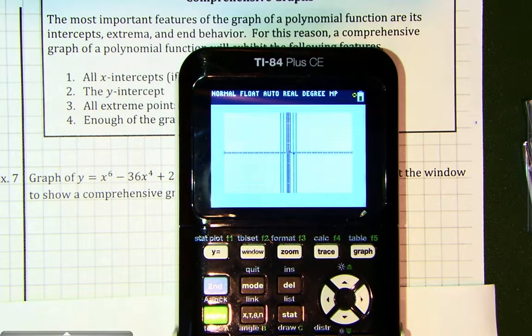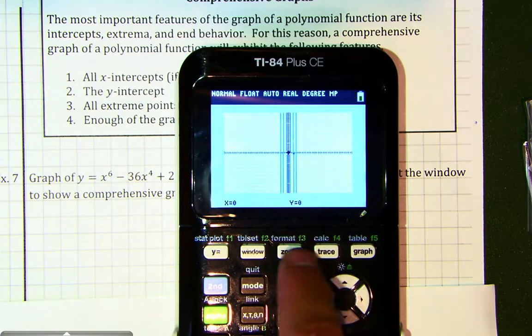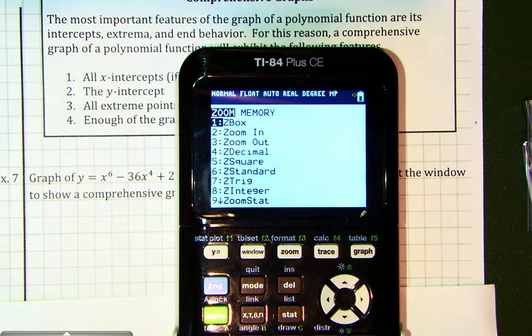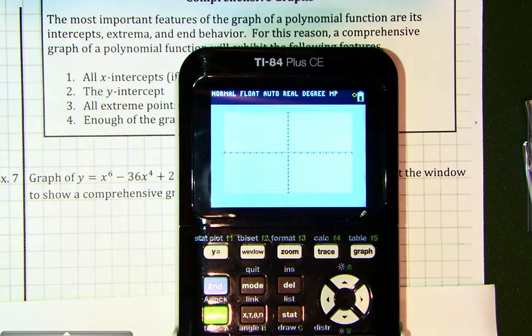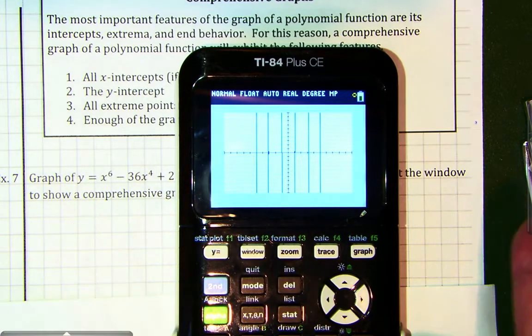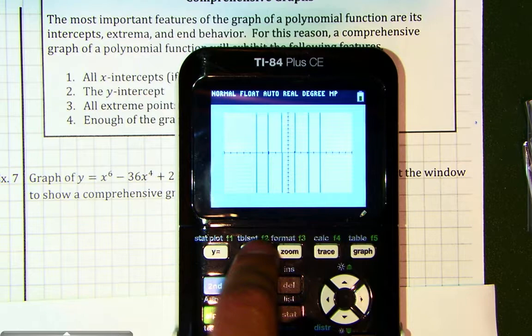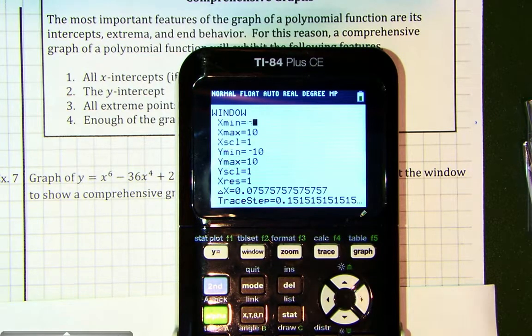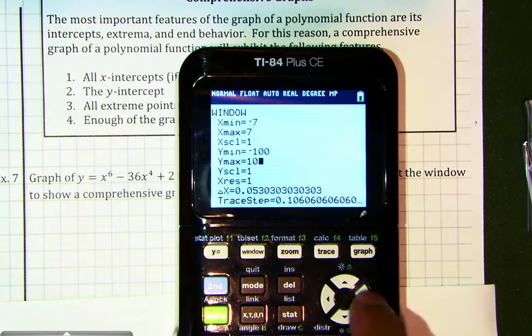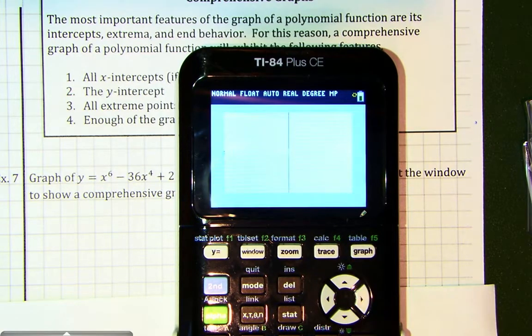Notice that your x values are zoomed back to standard, like from negative 10 to 10, which will give us a good number, or from negative 7 to 7. Let's go into window, and x will be from negative 7 to 7. No, you can leave it from negative 10 to 10. The y, let's do it from negative 100 to 100, and we'll start playing with those numbers.